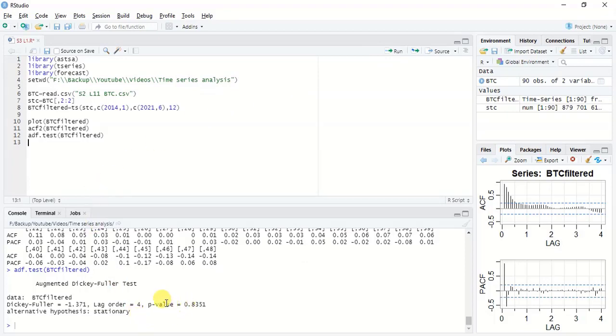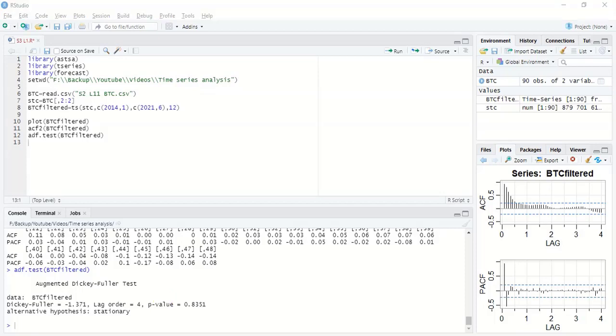Here you can see the p-value is greater than 0.05. Therefore, we cannot reject the null hypothesis, which is that the dataset is indeed non-stationary. In these situations, we can't actually use the classical time series functions. Therefore, we have to use a technique called differencing to convert the current dataset into a stationary time series dataset.